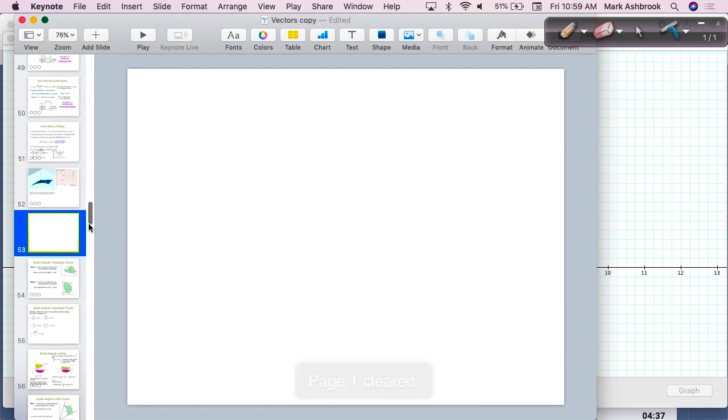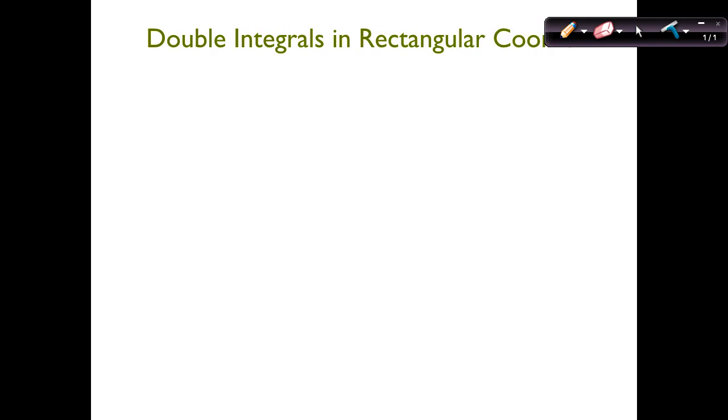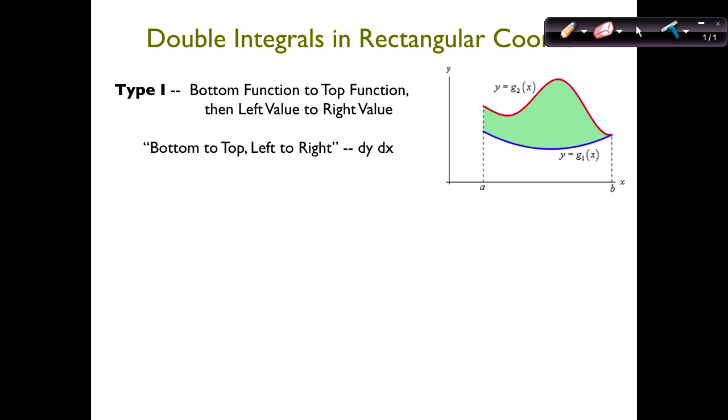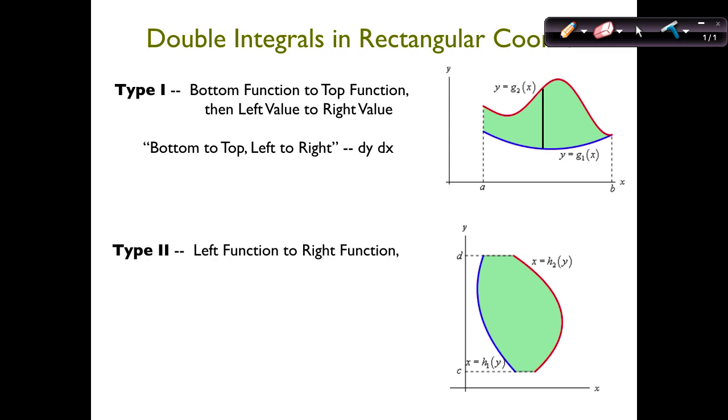So we'll do an overview here. Here's our type 1, bottom function to top function, then left to right. So that's dy dx, right? We just saw it. So dy first, then dx. And then type 2 is left to right first.